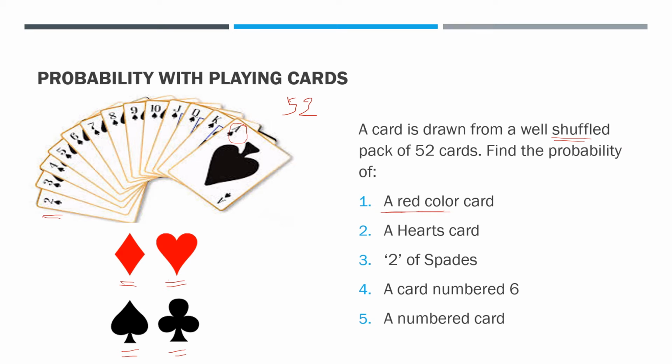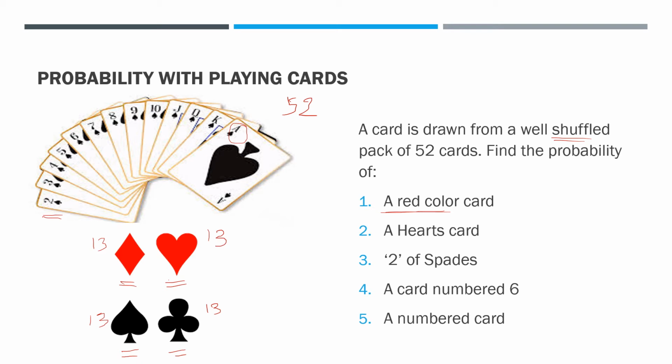Of those, 2, the diamonds and hearts, are red, and each suit has 13 cards. So this has 13, this has 13. Oops, look at the handwriting there. This has 13, this has 13. I feel uncomfortable with this, so let me erase and write this 13.